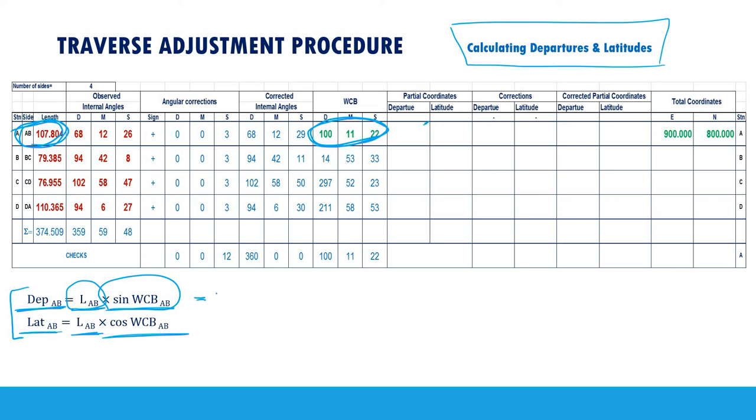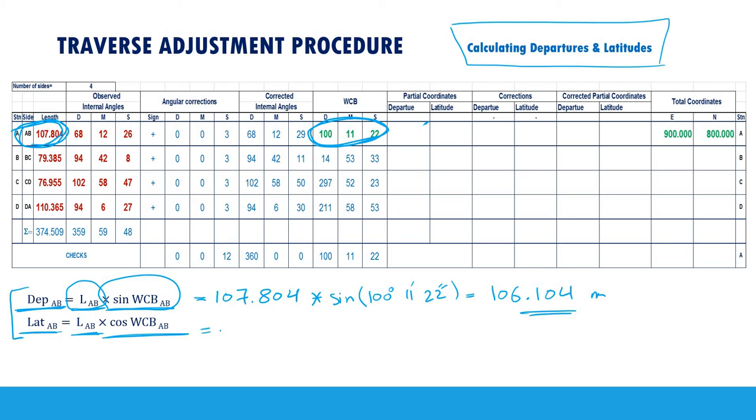So in this case, 107.804 times sine this value, 100 degrees, 11 minutes, 22 seconds, and then we will get the answer. In this case it is 106.104 meters. So this is in meter, guys. So this is a distance. The departures and latitudes are distances.